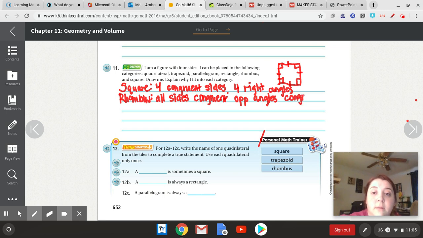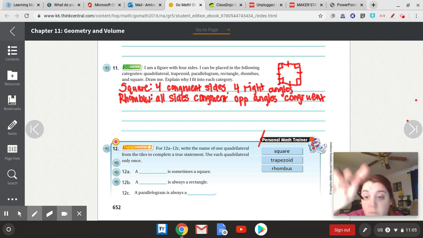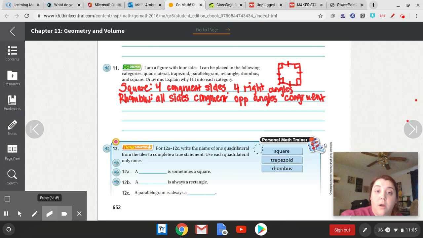Okay. Now, all the angles are congruent, but what's important for a rhombus is that the opposite angles are congruent.